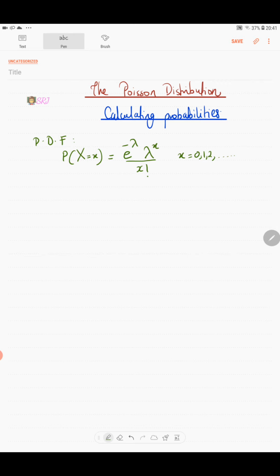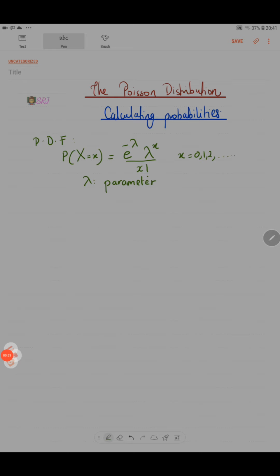And lambda is a parameter of the Poisson distribution. It represents the mean.